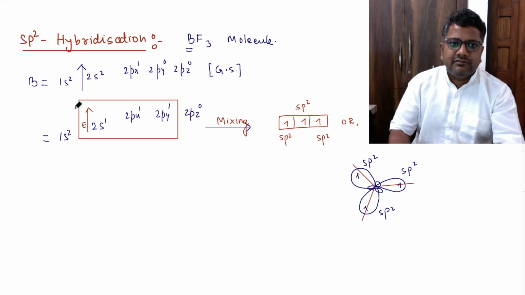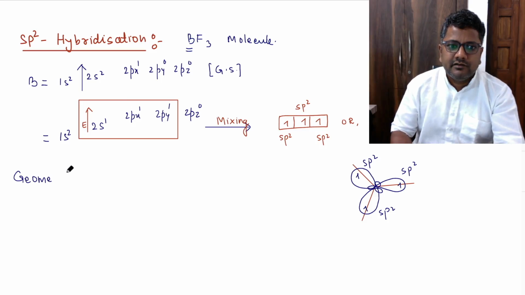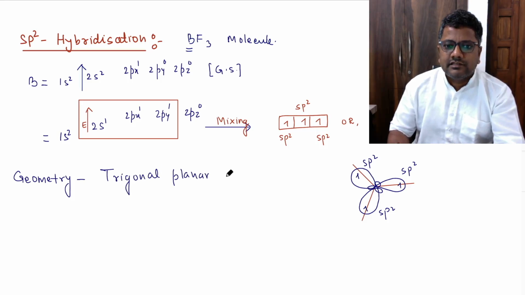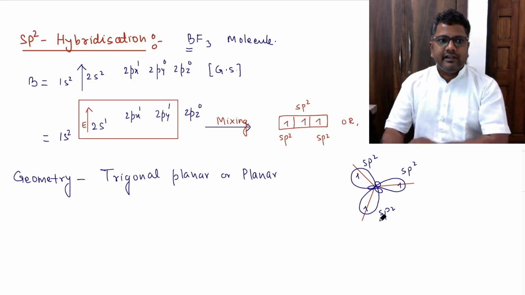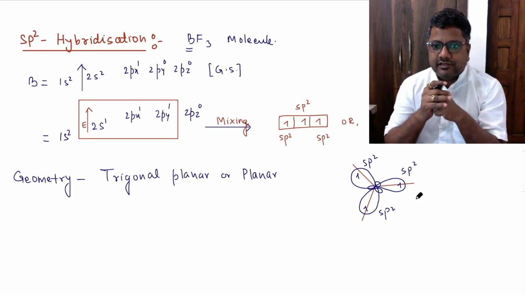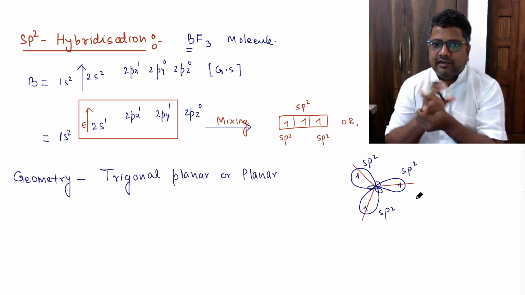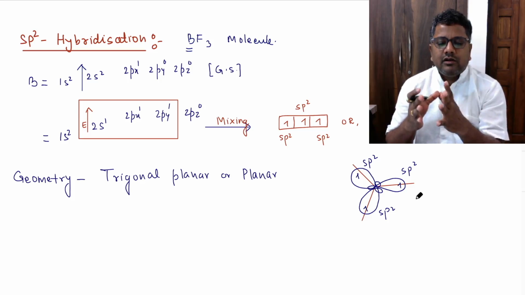What is the geometry of this hybridization? The geometry is trigonal planar. Sometimes we simply say planar, with a 120 degree bond angle between them. So this is the hybridization in boron in VSEPR.